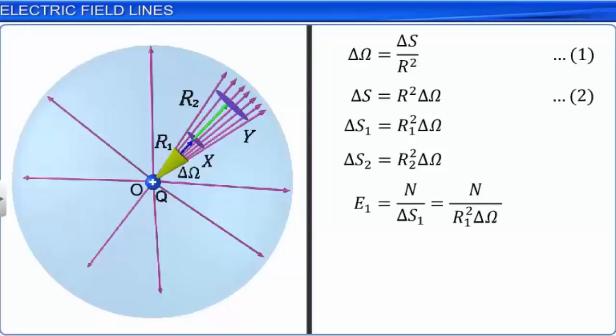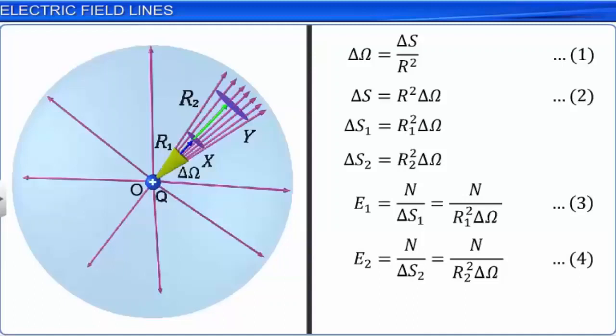Let this be equation 3. Similarly, electric field strength E2 at y is equal to n by delta S2 equal to n by r2 squared into delta omega. Let this be equation 4.